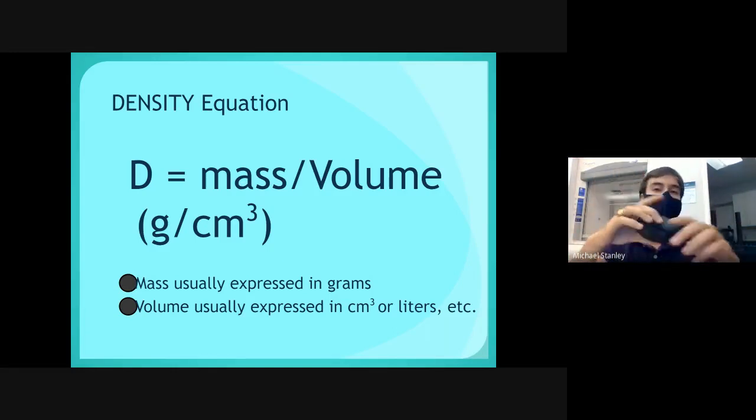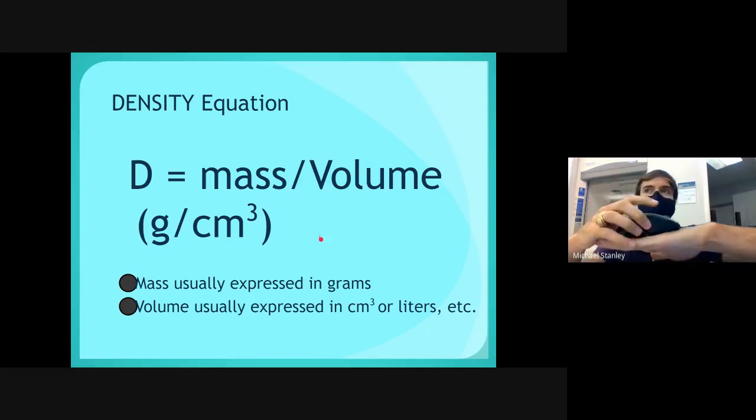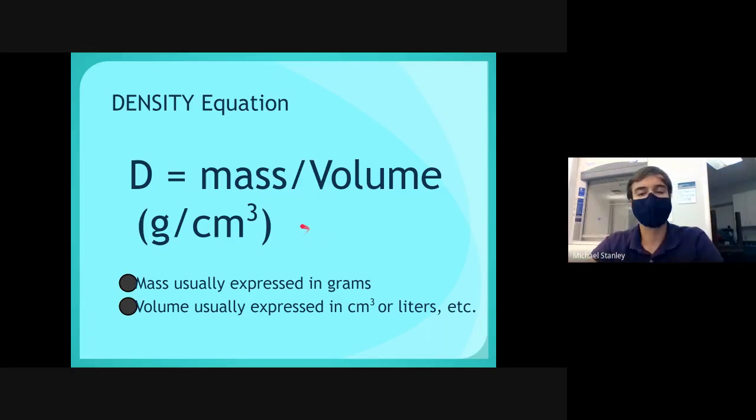And I put it on my scale, and I measure that it has a mass of, let me guess here, 100 grams. So if my volume is around 50 milliliters or 50 centimeters cubed, and my mass is 100 grams, then what is the density of my computer mouse?